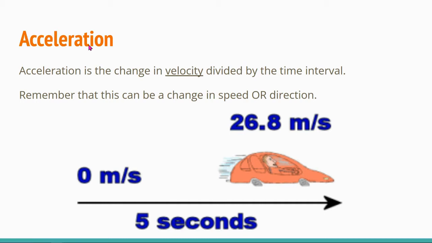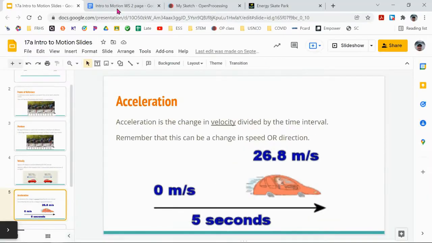So please don't think that when we say acceleration, we only mean speeding up. It can also mean slowing down. That would be a good thing to write in your notes to make sure that you don't confuse acceleration as being always speeding up. Okay, so again, very important terms: position. We're going to focus a lot on velocity and acceleration as we draw our motion diagrams. So let's move on to the next part here.